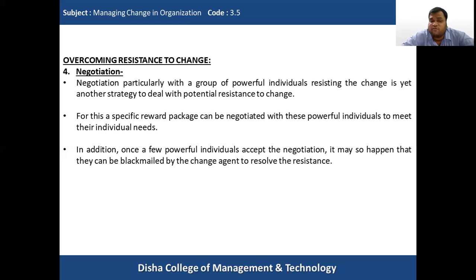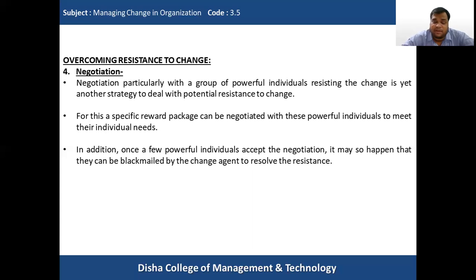Since they've already negotiated with the organization or the change agent, they do not have ample room, and they can be easily blackmailed by the change agent to see that the resistance to change is properly resolved.